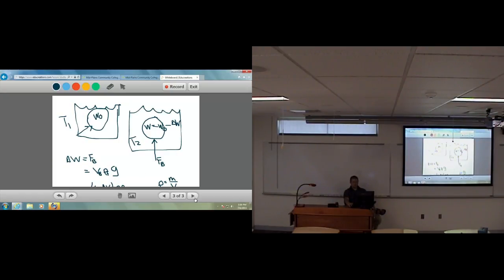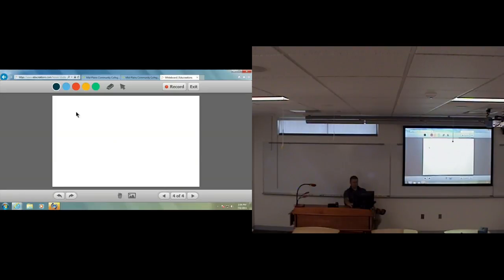Let's do another page of this really quick and look at this a little bit differently. Let's just look at the tank. We put our thing in there that has weight 0 normally pushing down, and then it has buoyant force pushing up, right?